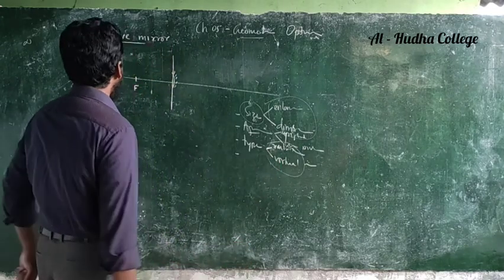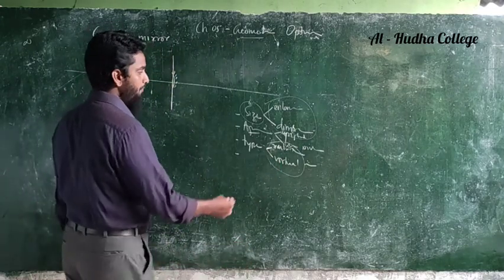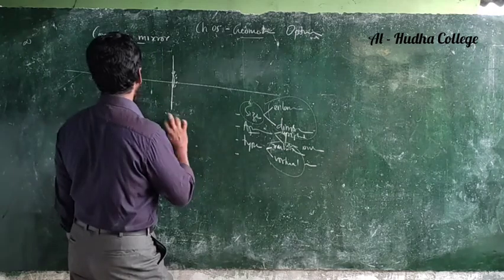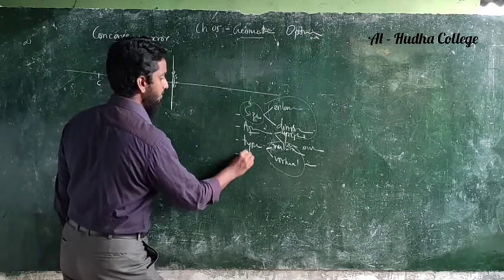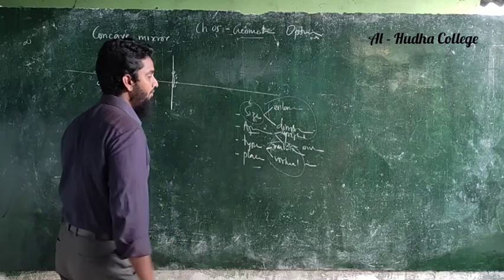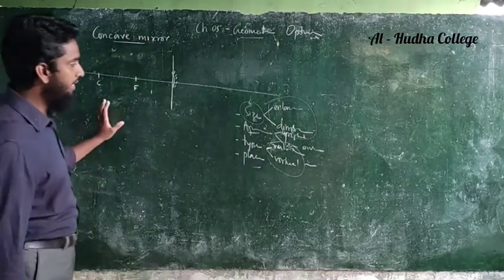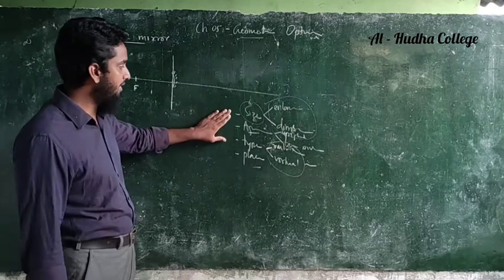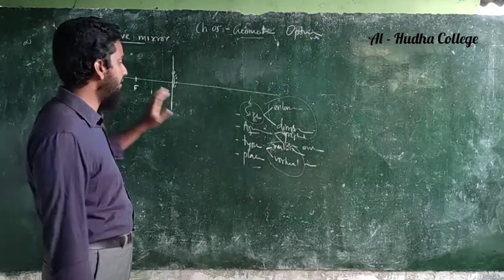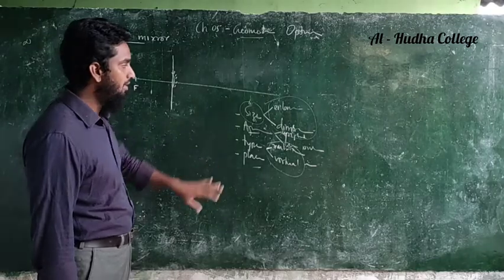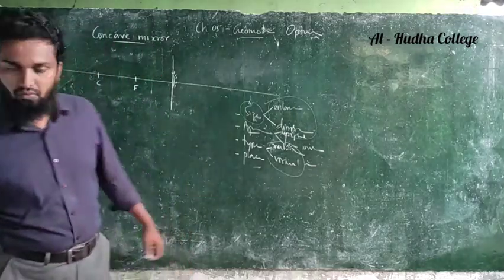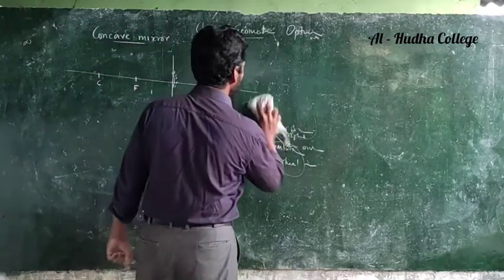The fourth character that we are going to consider here is place, where we are obtaining the image. You can easily understand these characters when we draw the ray diagram. Okay, now we'll start to draw the ray diagram.